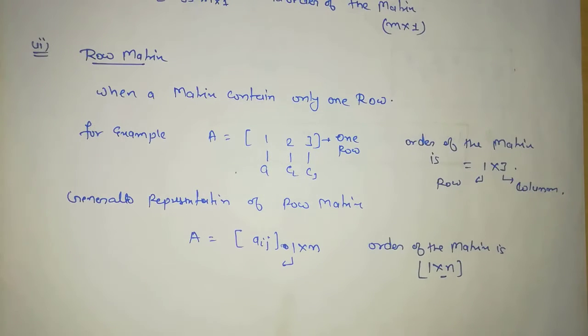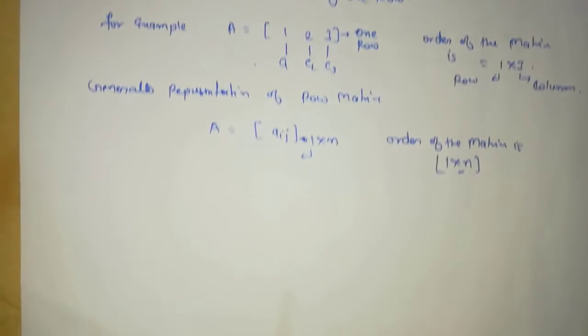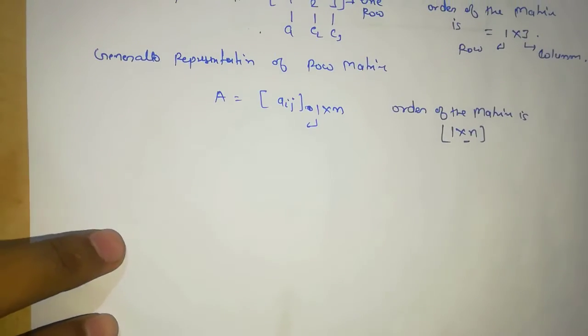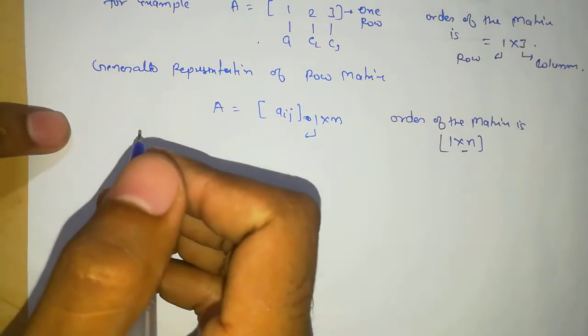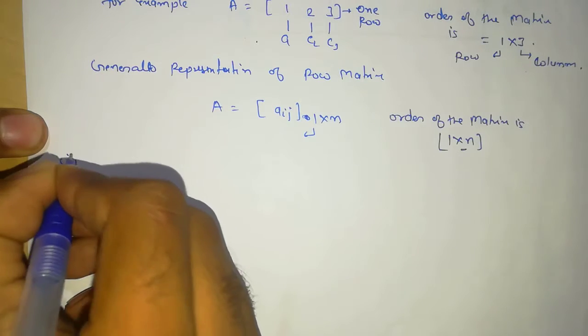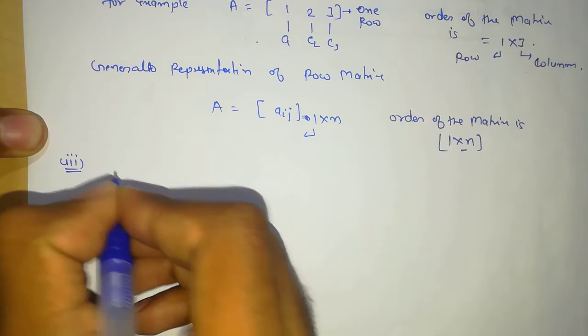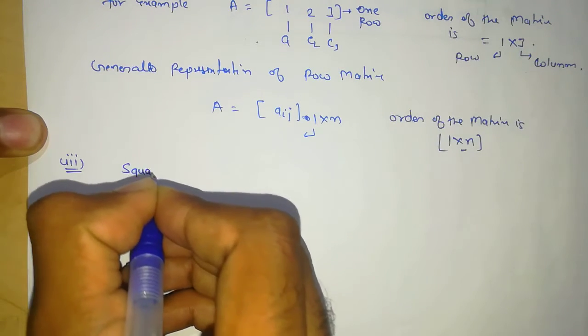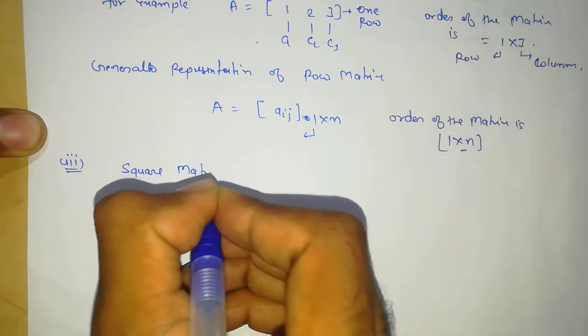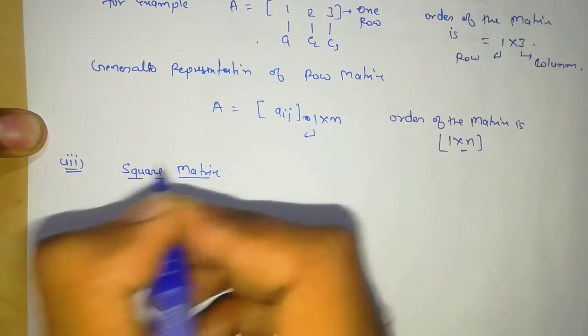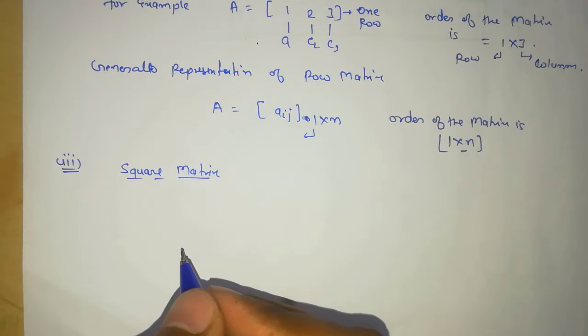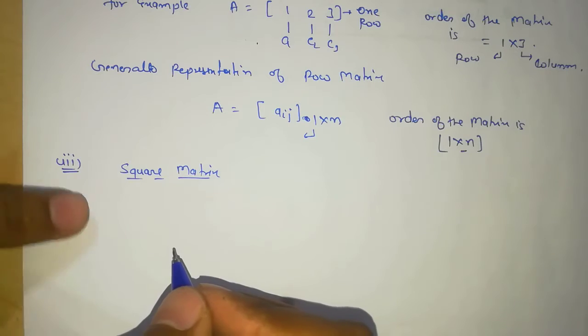Okay guys, now we will move on to the next matrix, the square matrix. The third type is the square matrix, which contains an equal number of rows and columns.